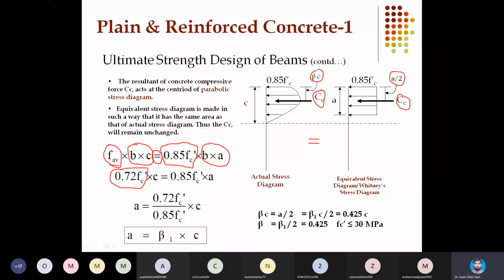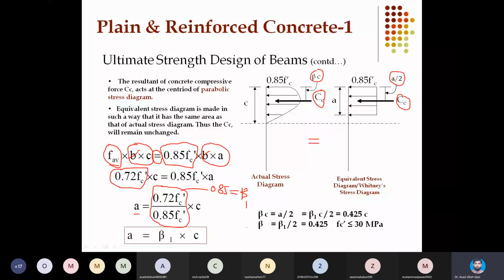b and b will cancel, and I will keep a on one side, and the rest of the variables I will bring to the other side. It is interesting to note that I got this ratio, and up to 30 megapascal concrete, this answer is 0.85. And actually we have used the Greek letter beta 1 to represent that.